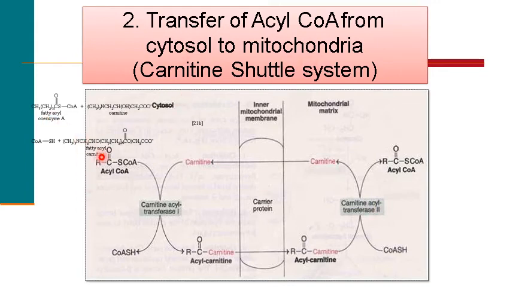As you can see in this picture, this acyl coenzyme A will bind with the carnitine and make acyl carnitine. This acyl carnitine crosses the inner mitochondrial membrane and comes into the matrix. And this acyl carnitine is again broken down into two parts, acyl coenzyme A and carnitine. This carnitine goes back into the cytoplasm.